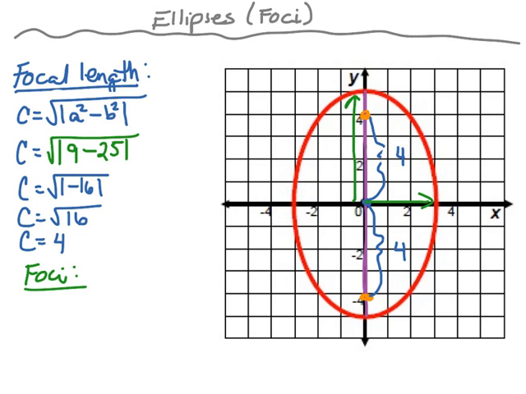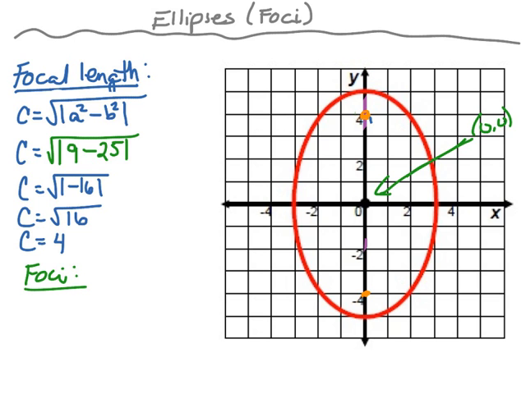Now, keep in mind, the center of this ellipse right now is at 0, 0. If I'm looking for these 2 points, let me go ahead and get rid of some of this stuff so we can look here. Alright, so we know that the center is at 0, 0.